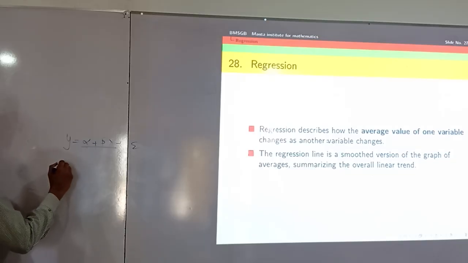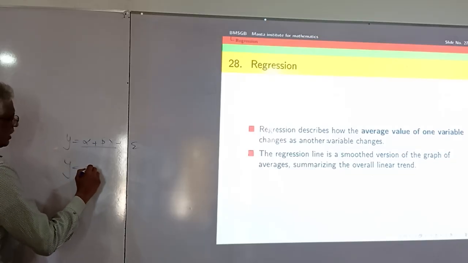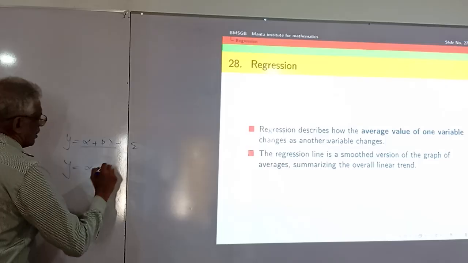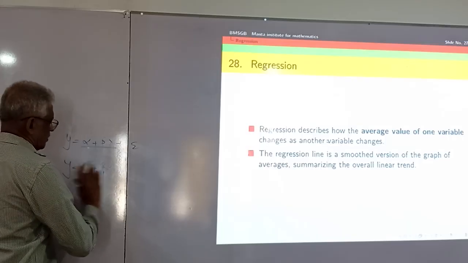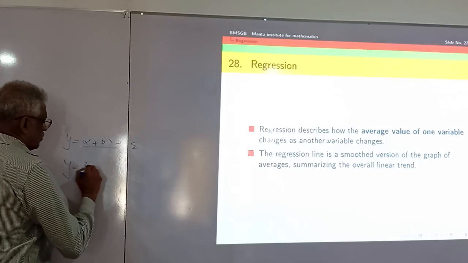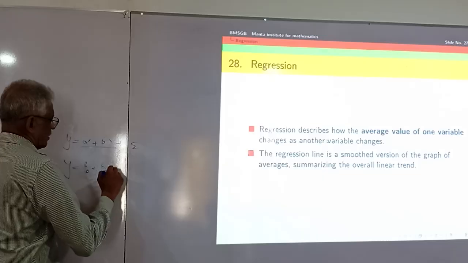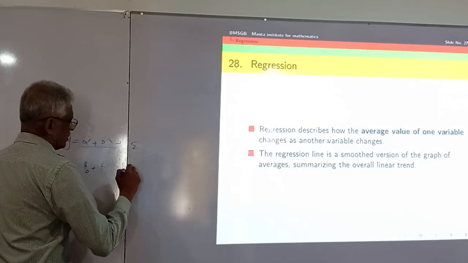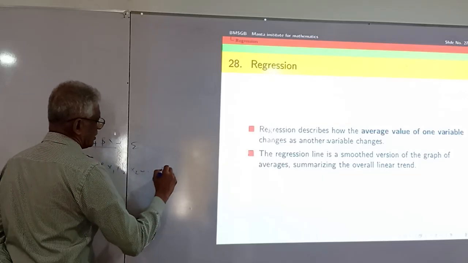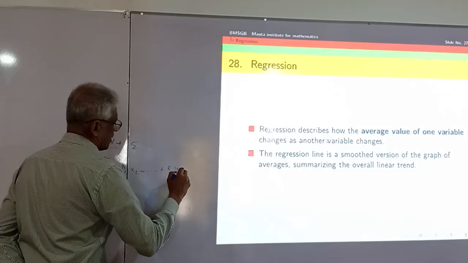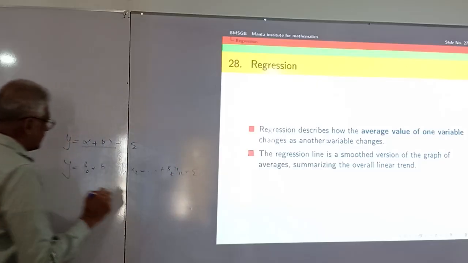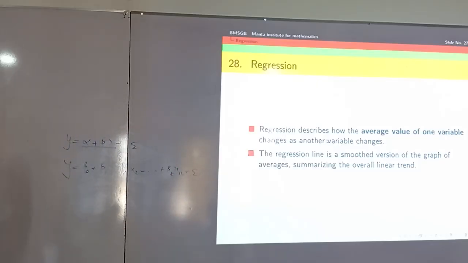But more generally, you will have y is equal to beta naught plus beta 1 x1 plus beta 2 x2 and so on, up to beta k xk plus error. There can be several x variables, and we are interested in seeing how they are related to y.